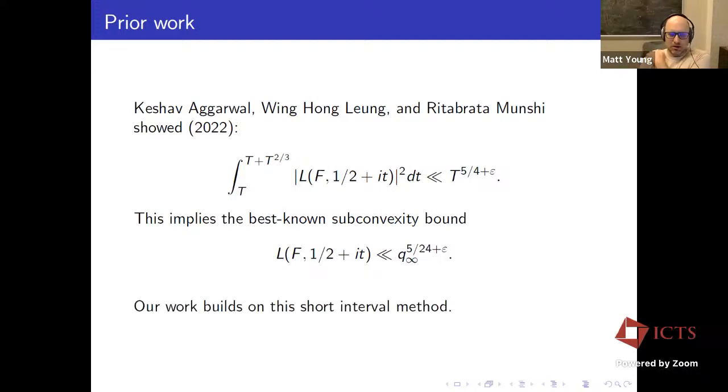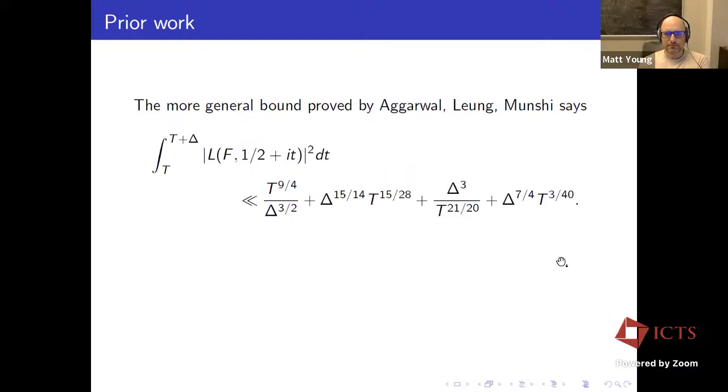I already mentioned that our work builds on this short interval method. To say more explicitly what bound they get, they have a bound for t to t plus delta for some general delta, and they get these four terms. I wrote the more important ones first, at least the important ones when delta is near t to the 2/3, so the first two are maybe the main ones.